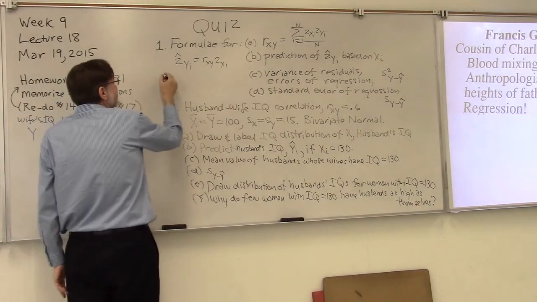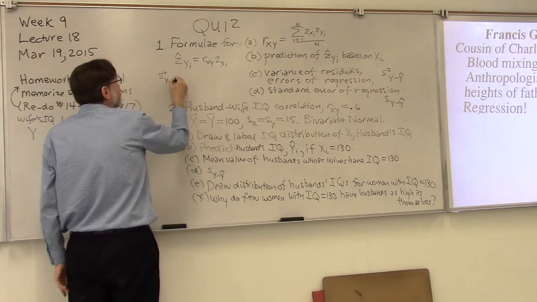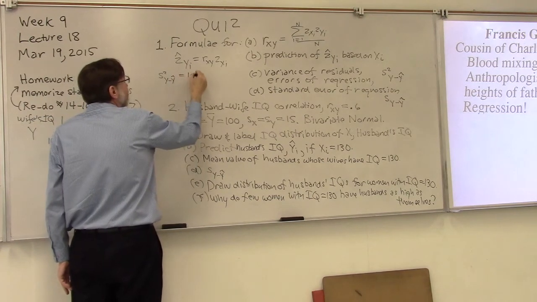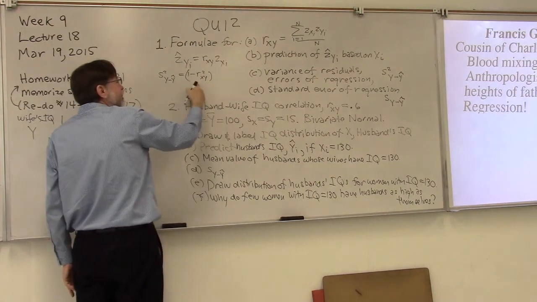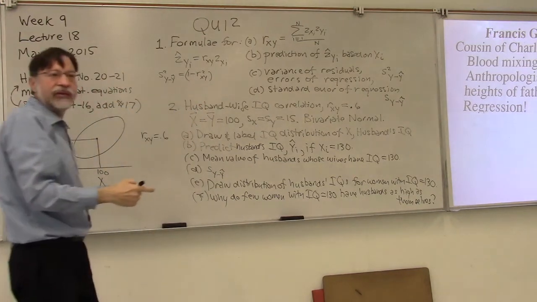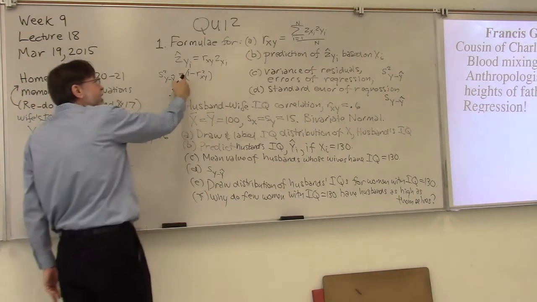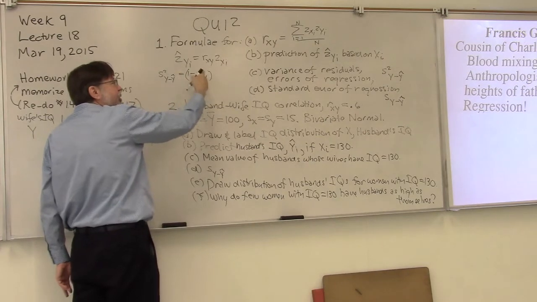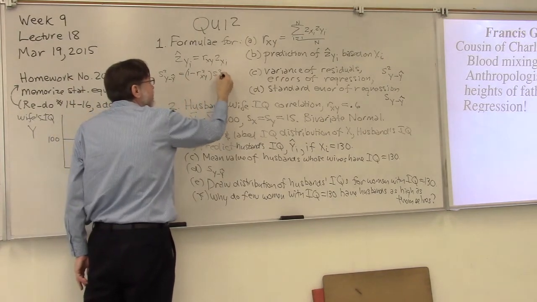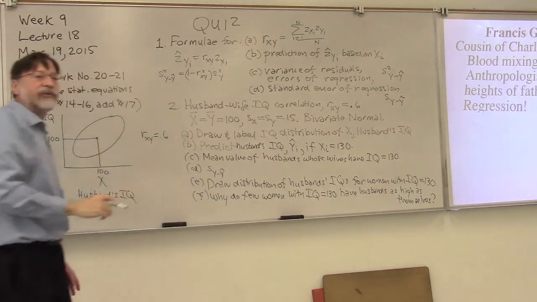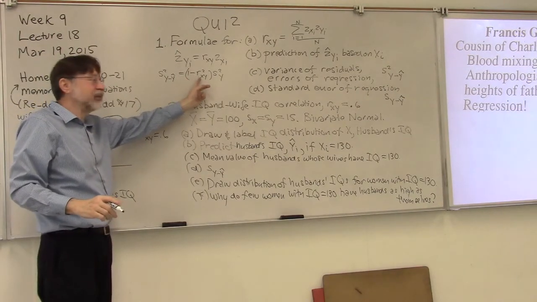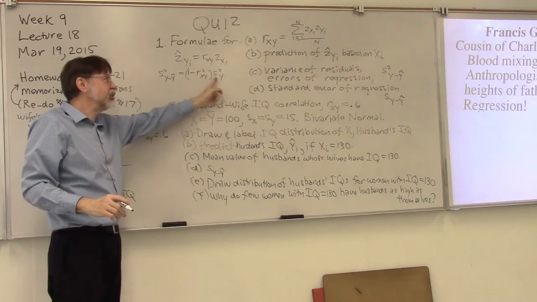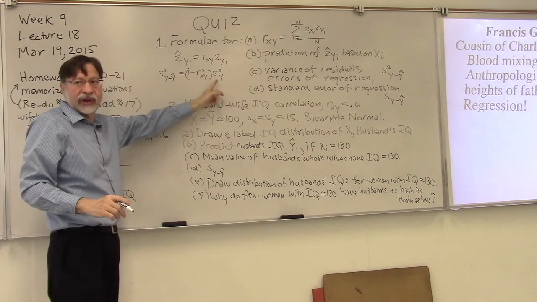The variance of the residuals, s squared of y minus y hat, is equal to 1 minus r squared xy times the original variance. That's what you have to pay after you get r squared as your discount. 1 minus r squared is the proportion you still have to pay times the original cost, the original variance.